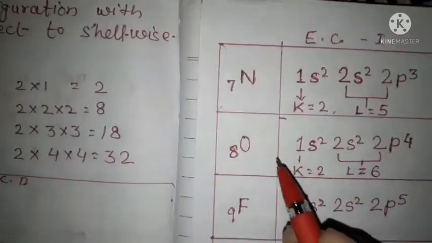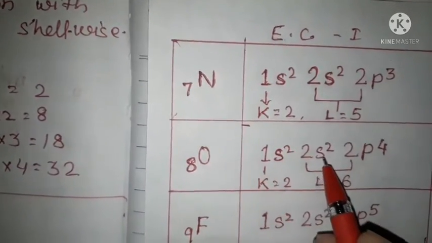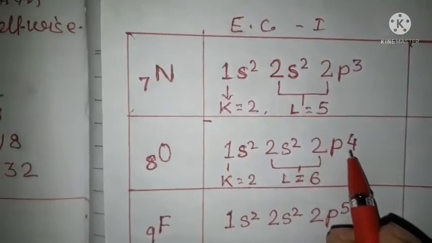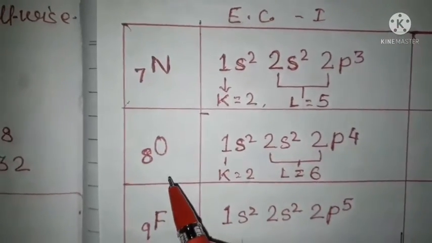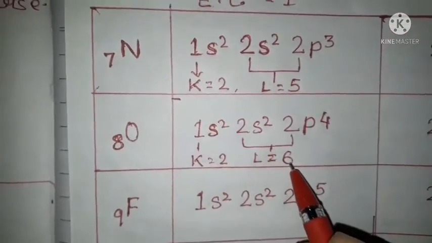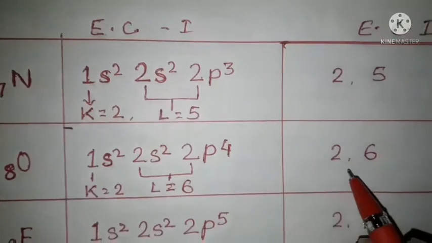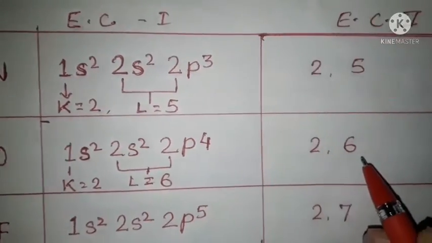In this way, oxygen we write it 1s2 2s2 2p4. We know that the Z of oxygen is 8, so in K shell 2 electrons and in L shell 6 electrons are included. In this way, we write it another form 2 and 6.